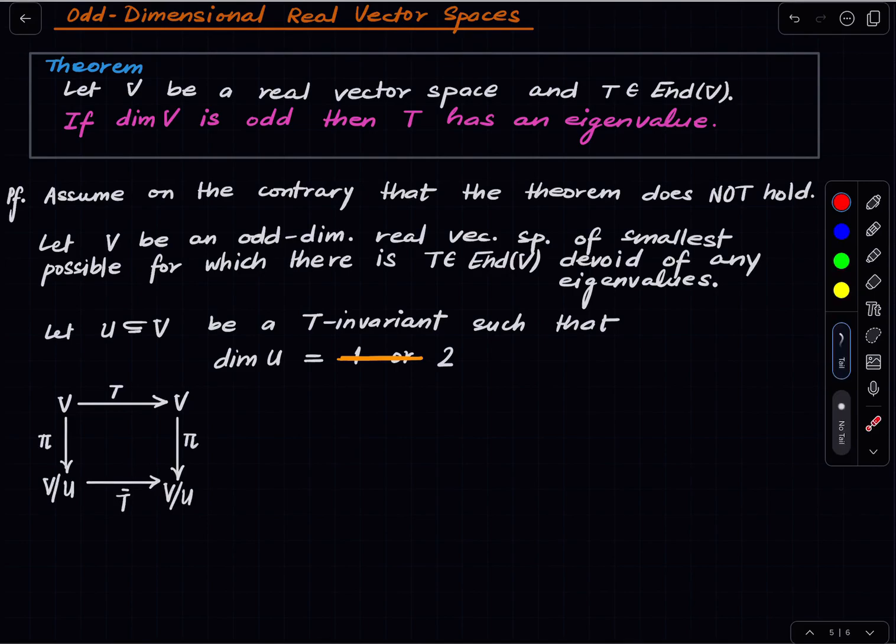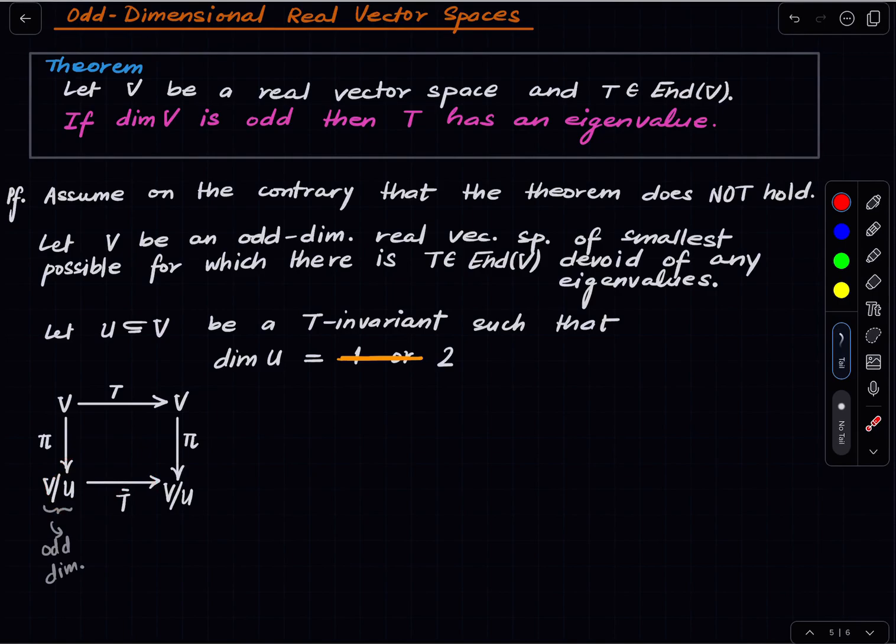All right. So what we have is this vector space V mod U whose dimension is 2 less than the dimension of V, and hence this is also an odd dimensional vector space. So this is odd dimensional. All right, and we have an endomorphism T bar on that odd dimensional vector space.